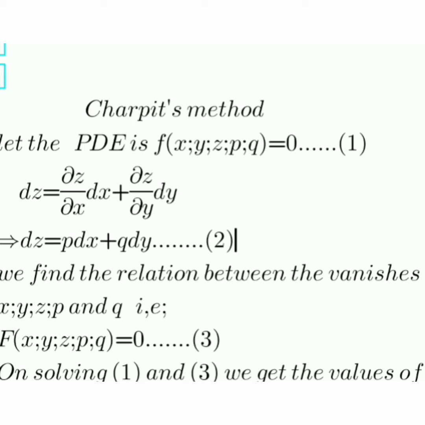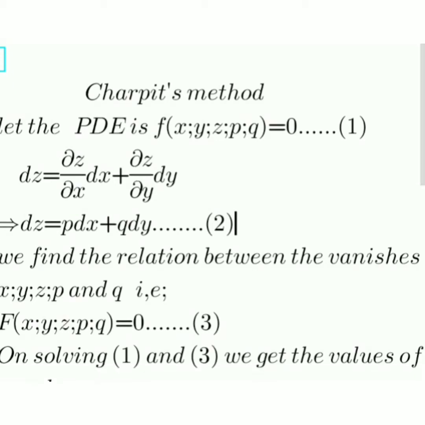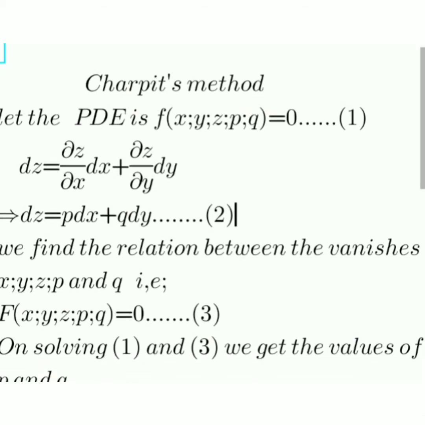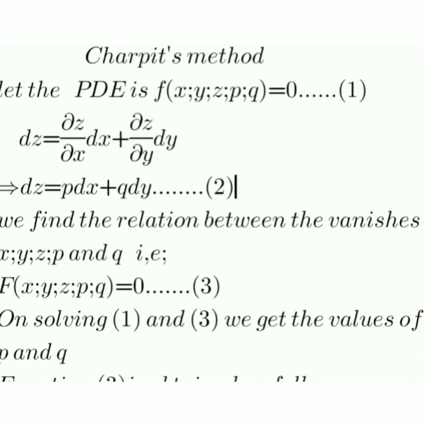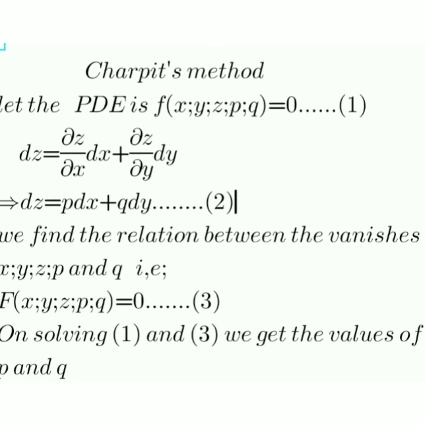Let's start. Charpit's method. Let the PDE be f(x, y, z, p, q) = 0, where dz can be written as del f by del x into dx, and del f by del y into dy. So the remaining portion is dz.